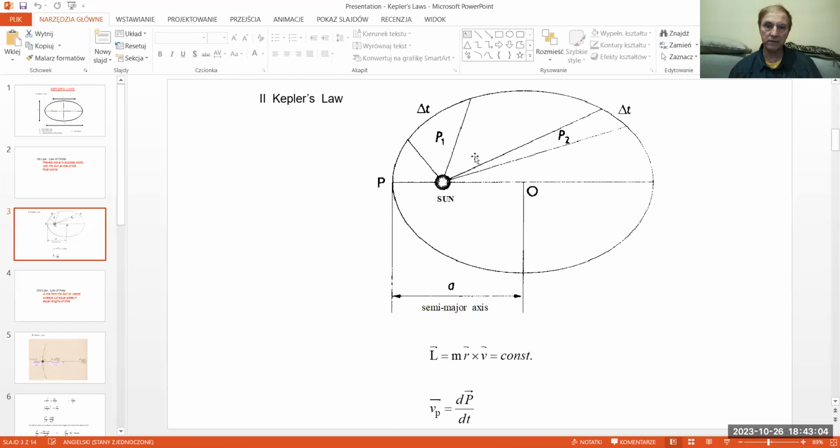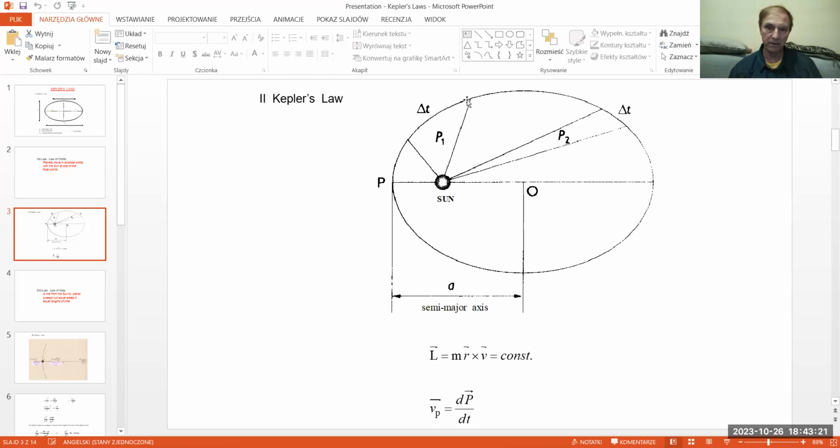Now take into account another position for the same planet over here. This is a starting position, and the final, terminal position is over here.